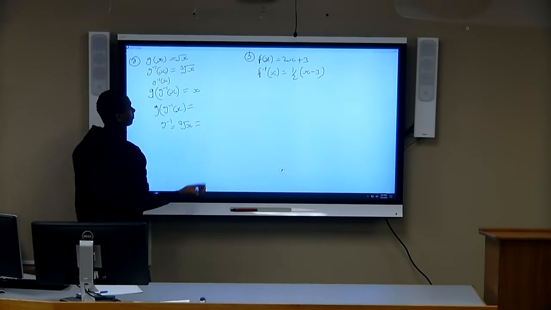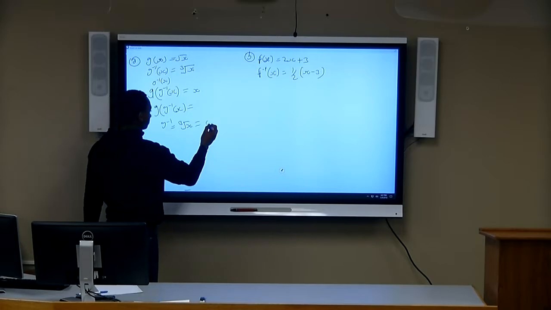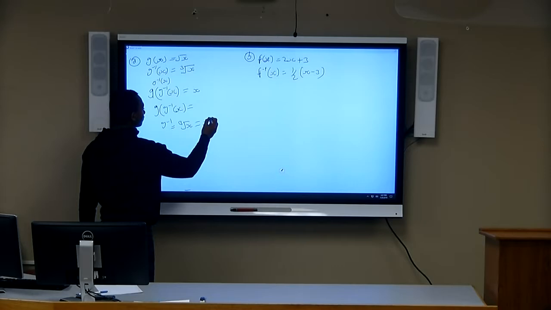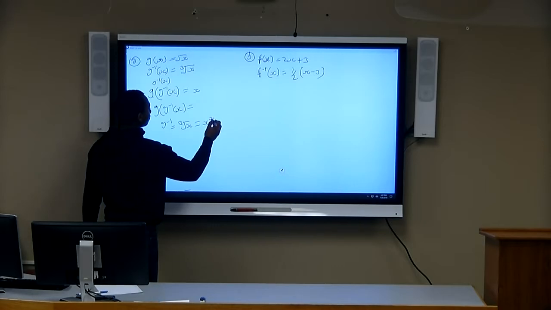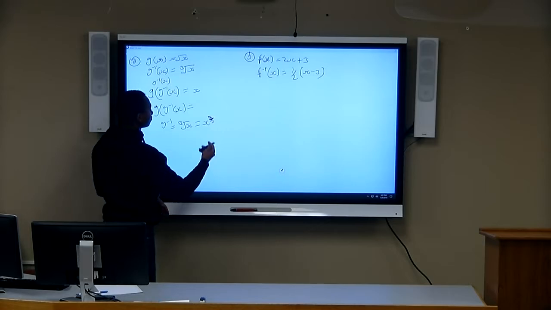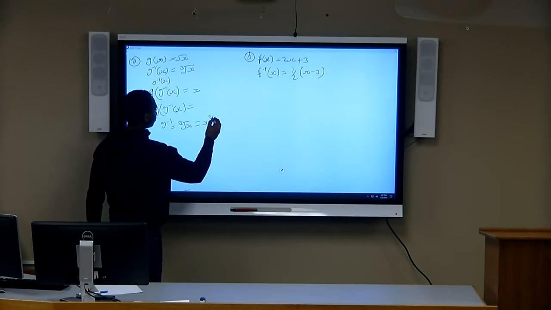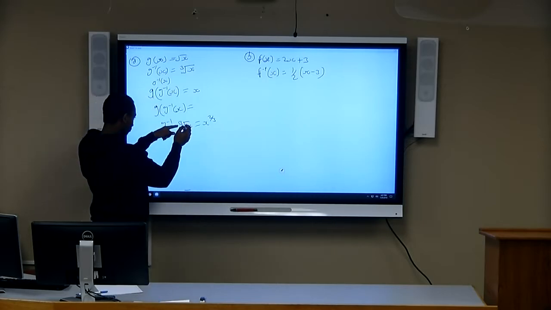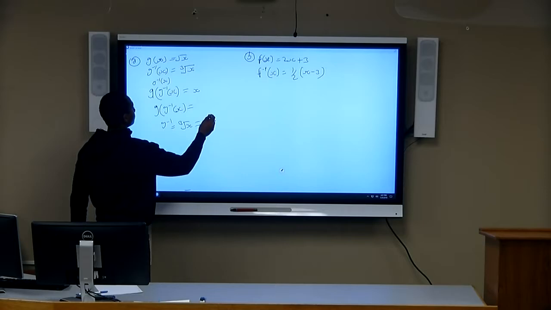We can write it in the form of x raised to the power 2 over 3. This is the same as, sorry, this is x raised to the power 1 over 3.